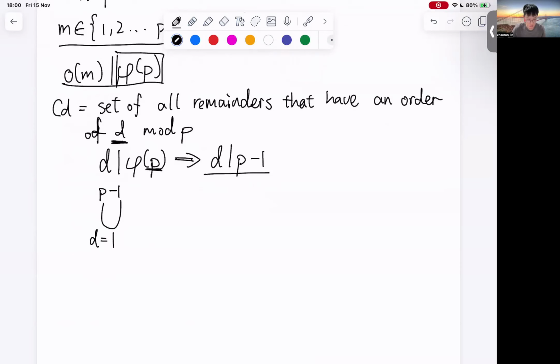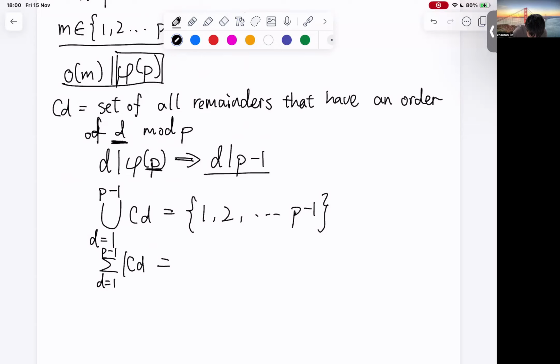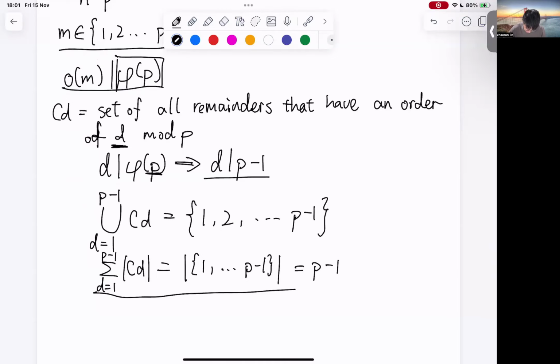So the union of all such C_d should be 1, 2, up to p minus 1, and the sum of the sizes of all such sets is simply p minus 1. So we have this relation.